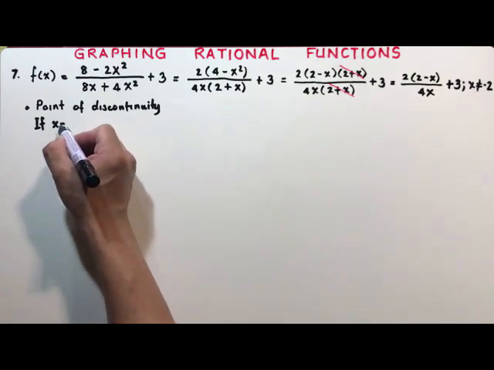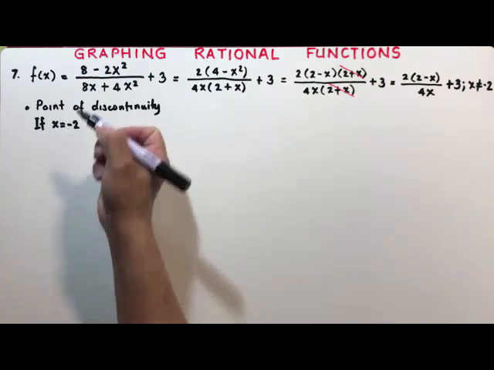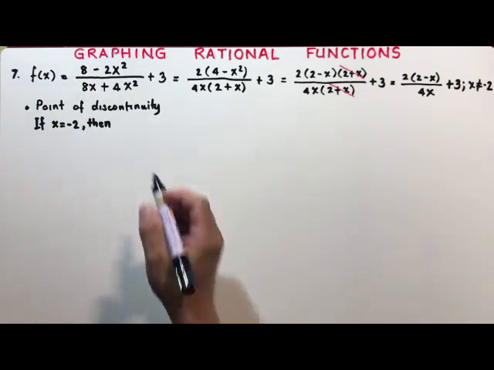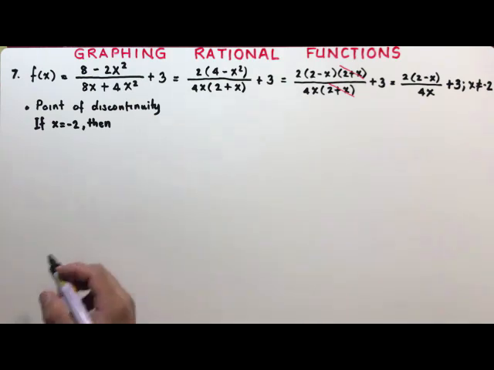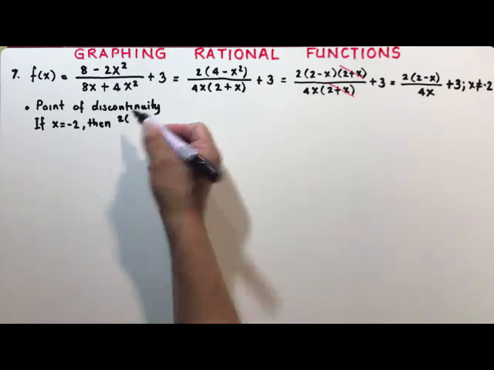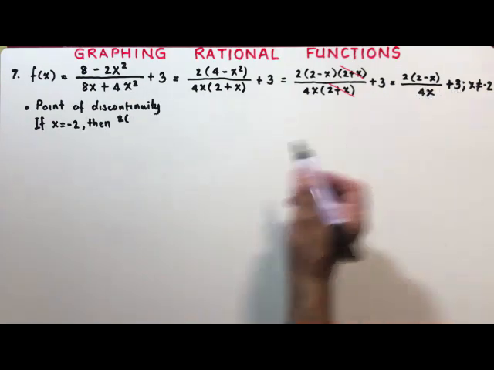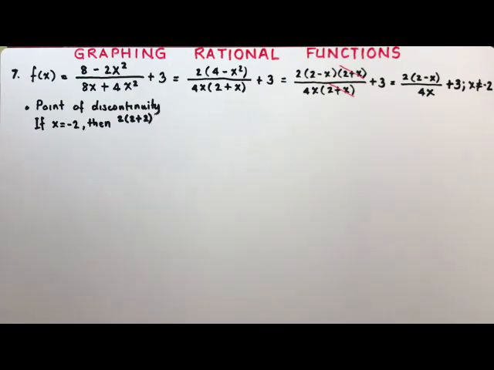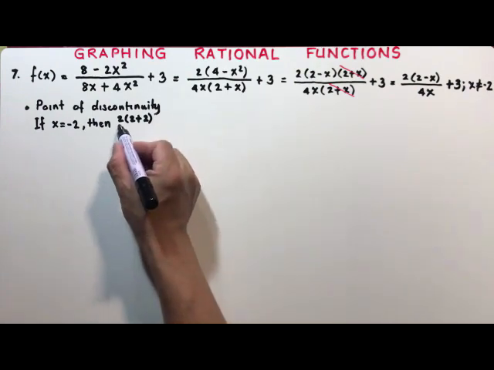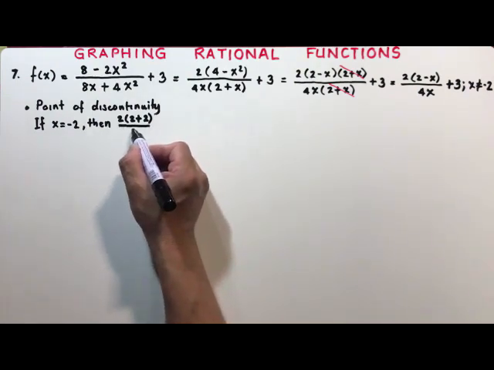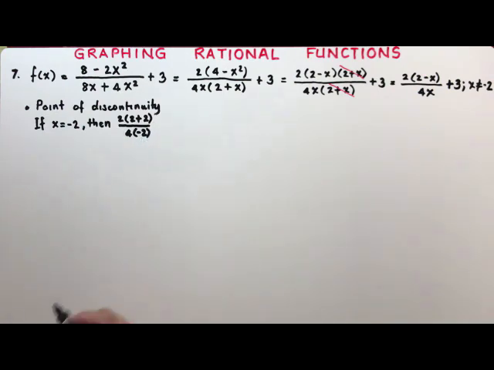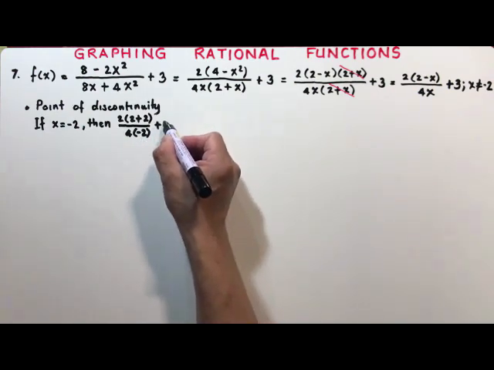When x is equal to negative 2, you can solve for y, even if this point is not on the graph. 2 times 2 minus negative 2, so that is 2 plus 2, divided by 4 times negative 2, and remember, this is added to a constant of 3.